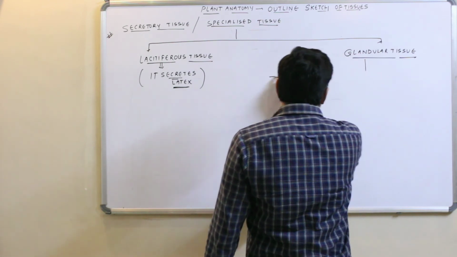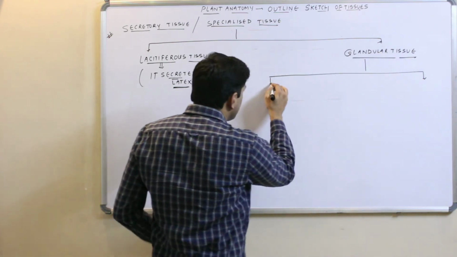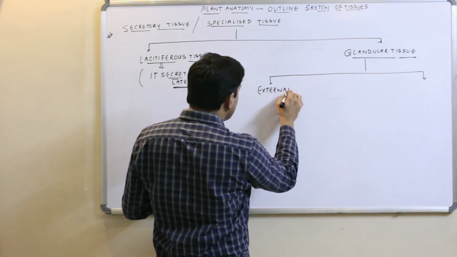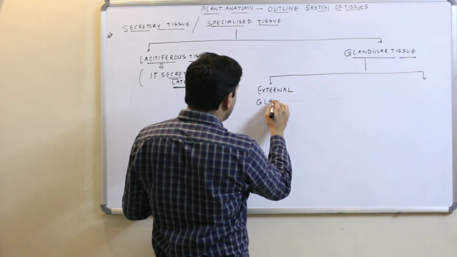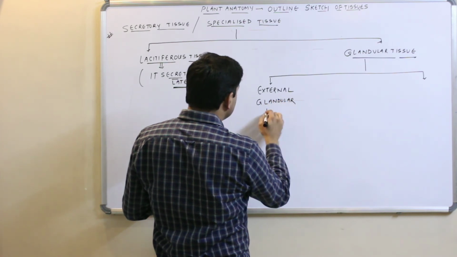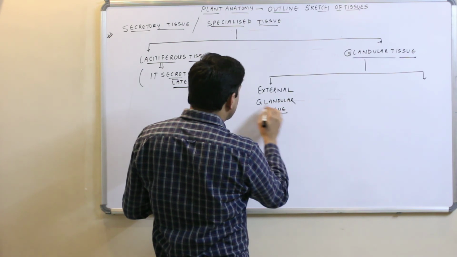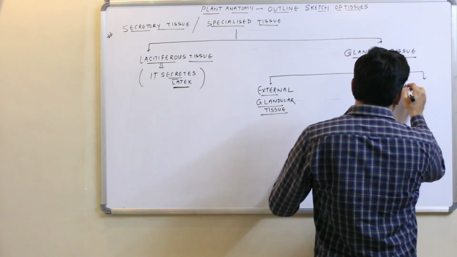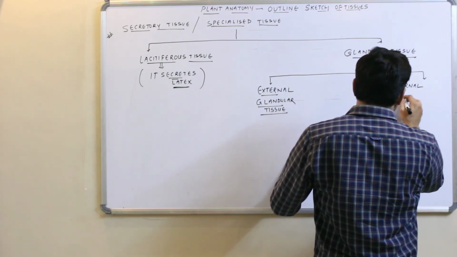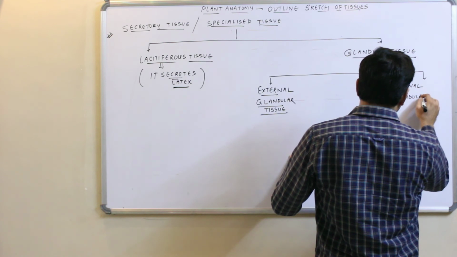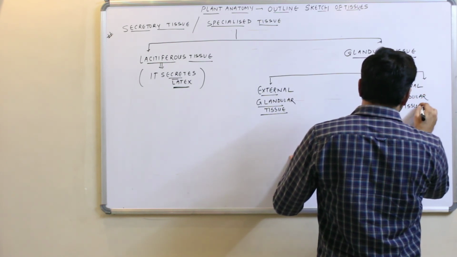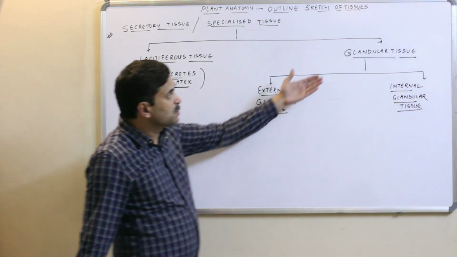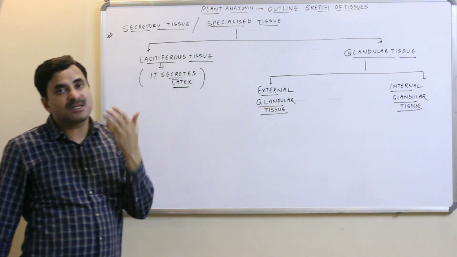And again, this glandular tissue is classified into two categories. One is known as the external glandular tissue, and the second one is known as the internal glandular tissue. As the name indicates, glandular means it will secrete.